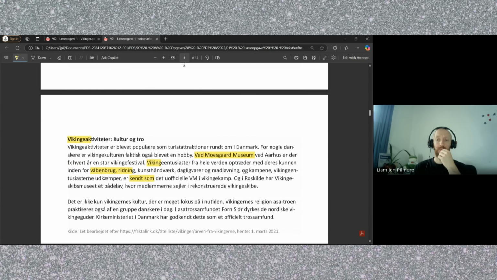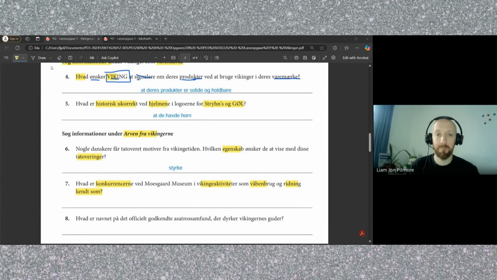So the fights that they perform are known as the uofficielle VM i vikingekamp. That's our answer. What are these competitions known as? The uofficielle VM i vikingekamp. Sweet. That is our answer.